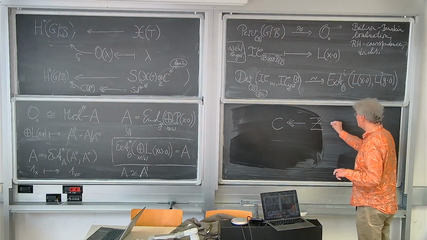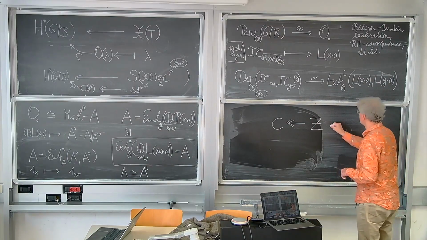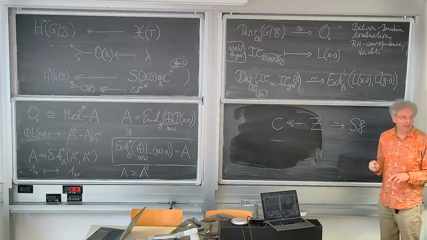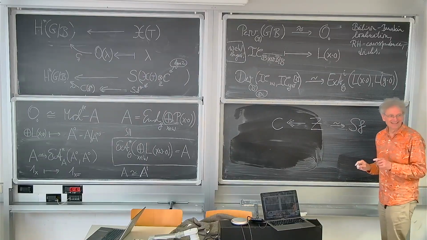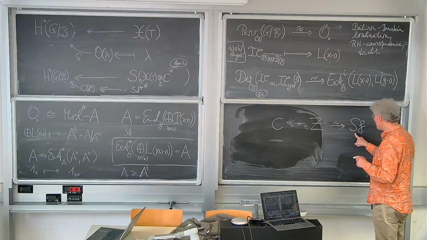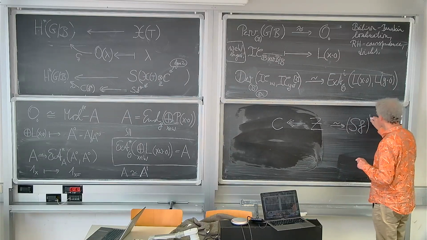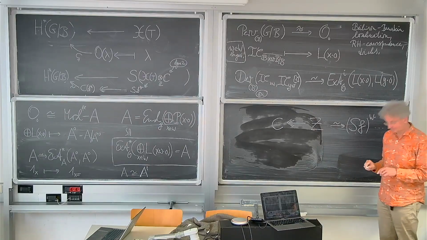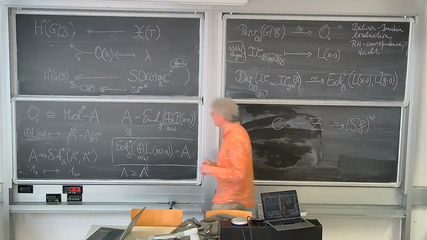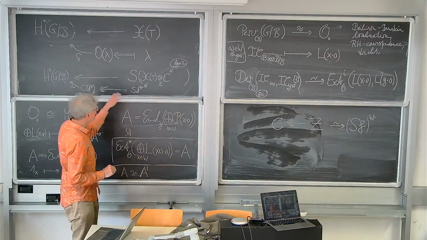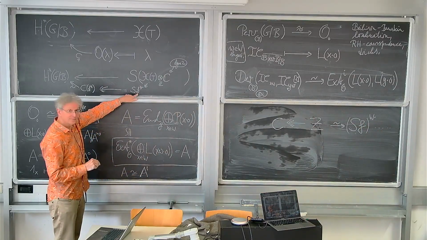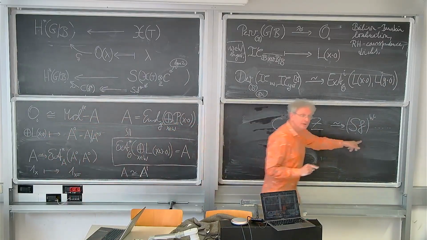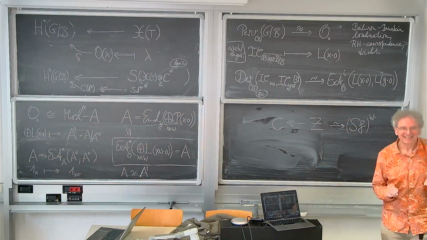And the center gets mapped to S of H, the symmetric algebra of H, not of H dual, and then there the graph invariants and so on. So just to say that in fact on both sides, on one side we have H dual, and on the other hand side we have H.